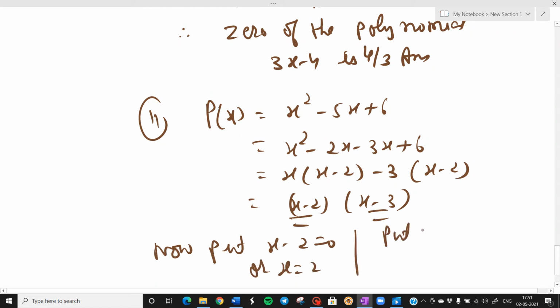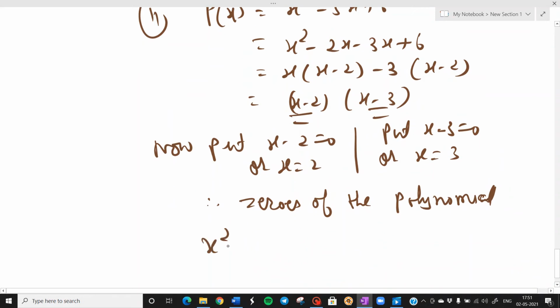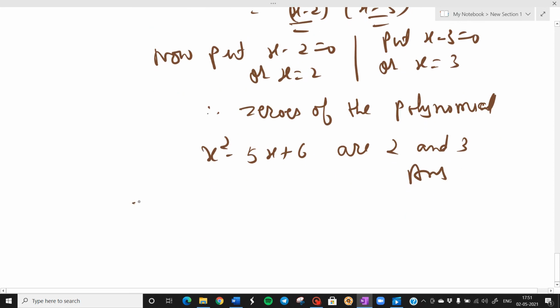Also put x minus 3 is equal to 0, or x is equal to 3. Therefore, the zeros of the quadratic polynomial x square minus 5x plus 6 are two, one is 2 and the other is 3.